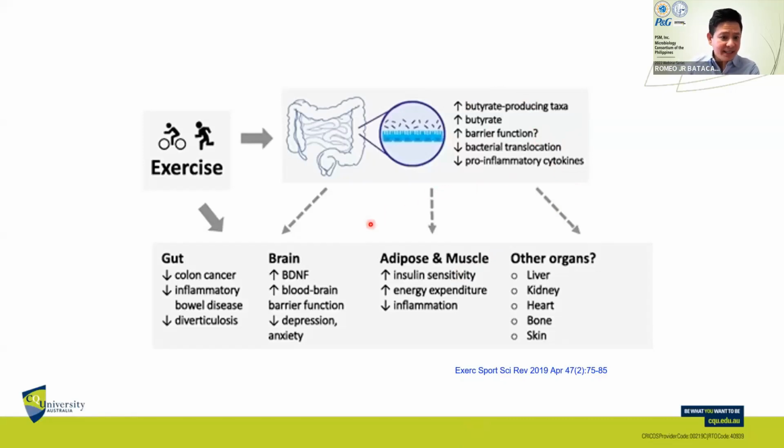So exercise is known to have protective effects against colon cancer, inflammatory bowel disease, depression, anxiety, obesity. But whether this disease protection is mediated by exercise-induced changes in the gut microbiome remains to be determined.